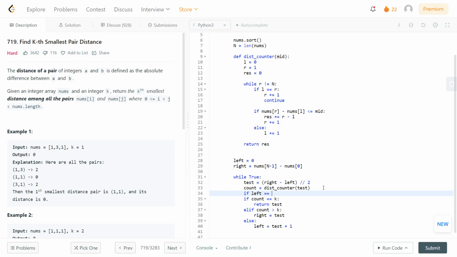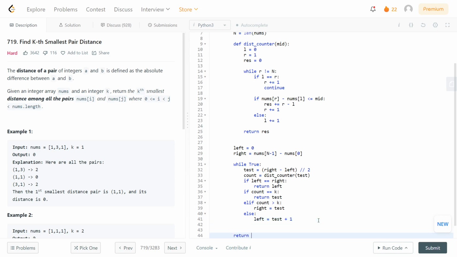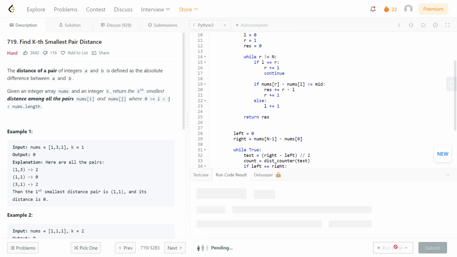So if left is equal to right, we return, let's say left. I think this is good. Return -1 if this is not, but yeah, let's try this out.